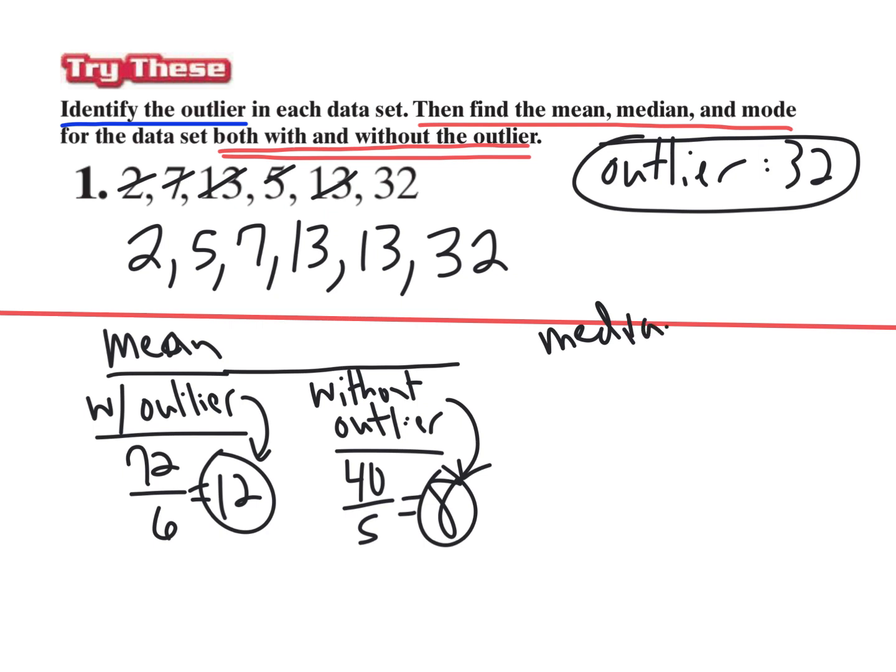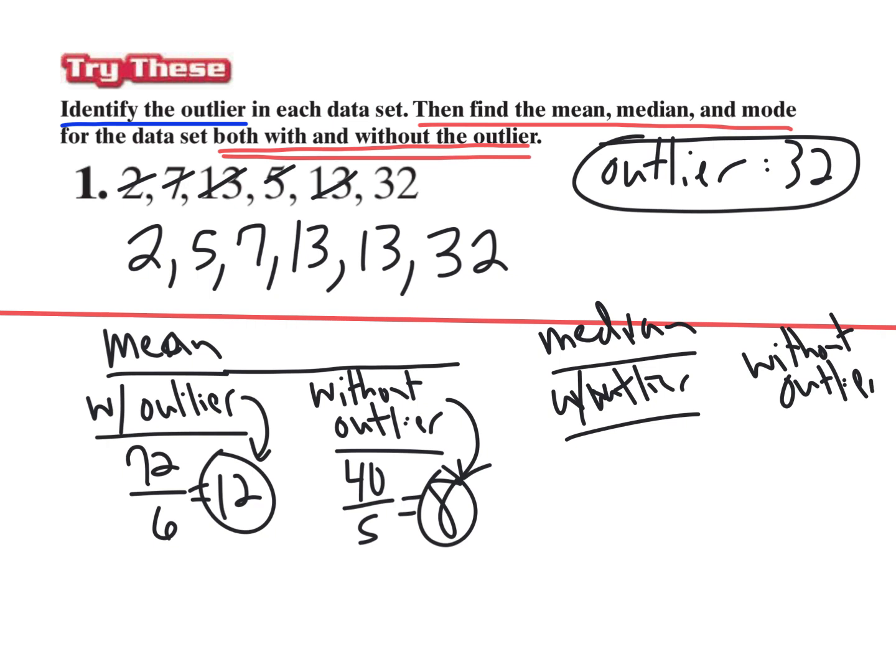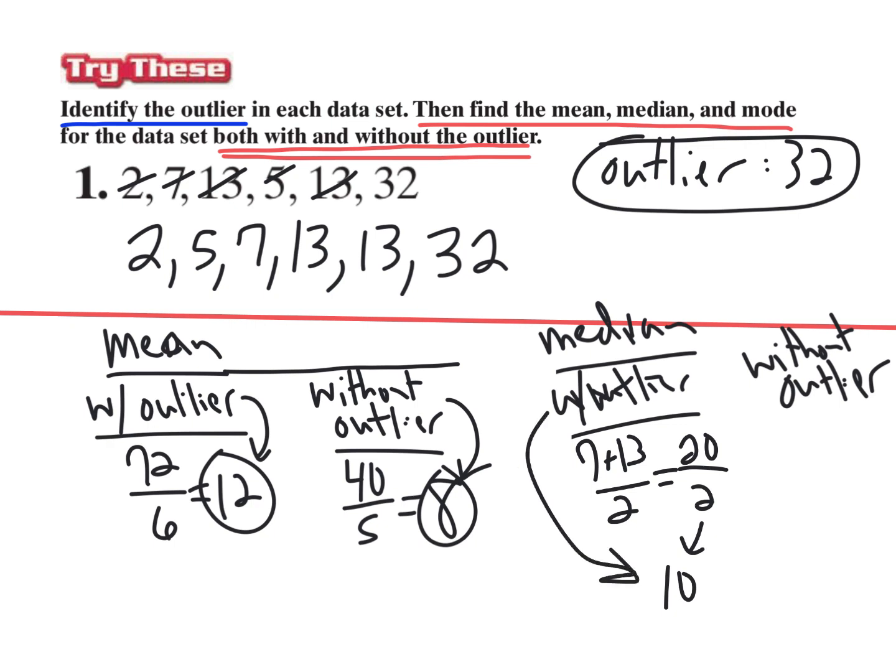The median, same thing. We're going to look with the outlier and without the outlier. So with the outlier, we have 2 middle numbers, 7 and 13. So we're adding those and dividing by 2 would be 10 with the outlier.